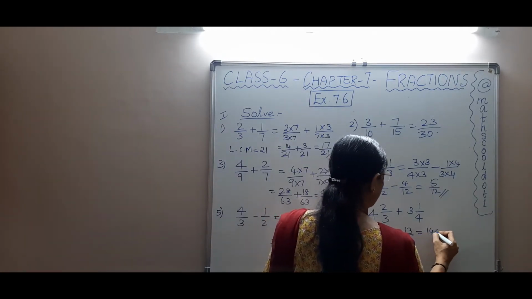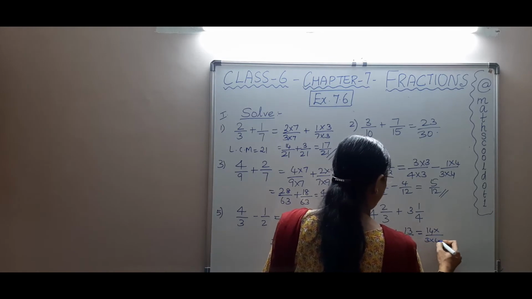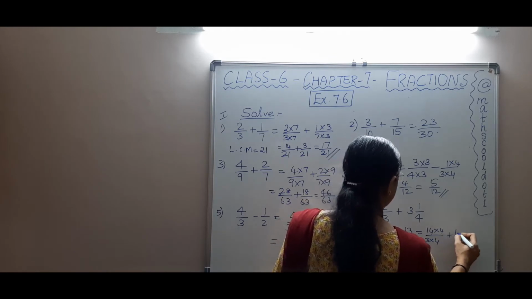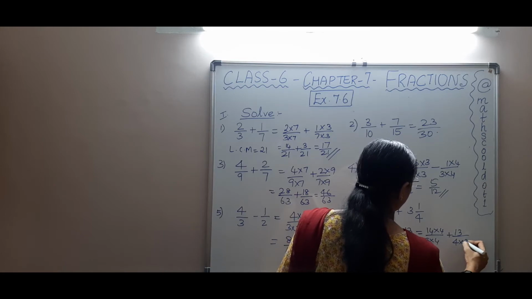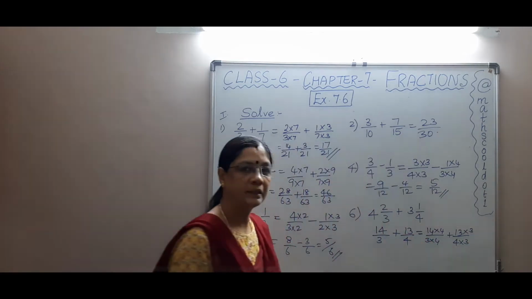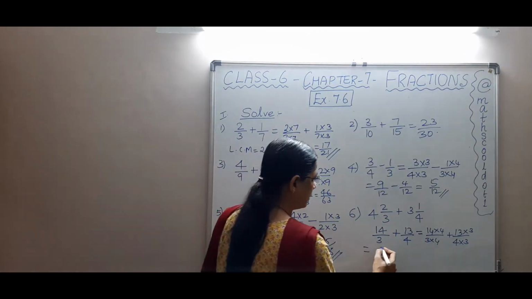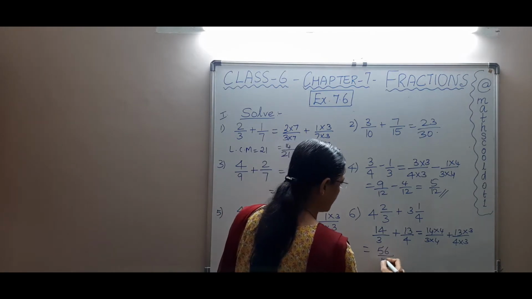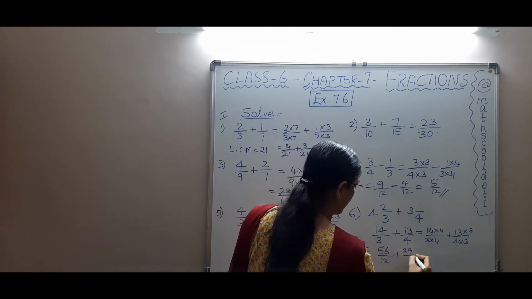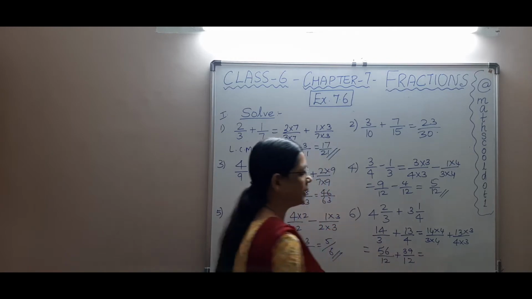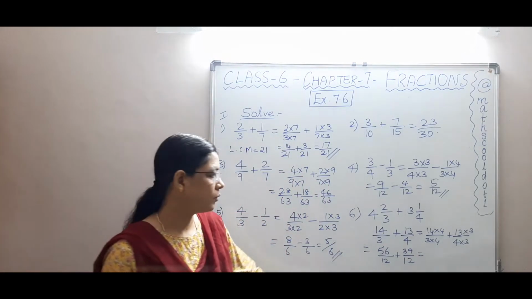So 14 into 4, plus 13 into 3. Okay, do you follow? So this is 56 by 12 plus 39 by 12. So whenever you get an improper fraction, you just, what do you do?